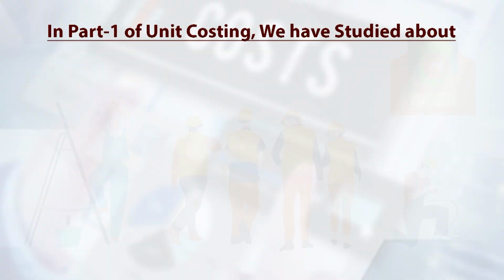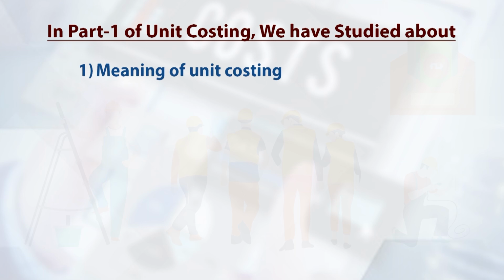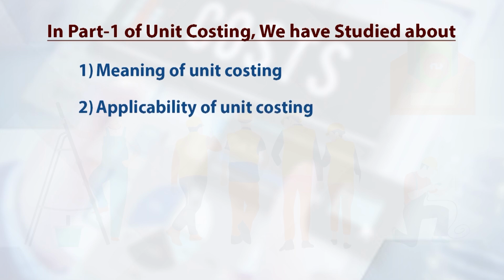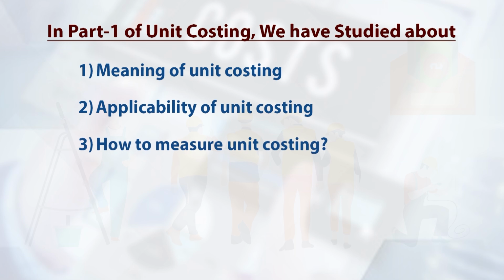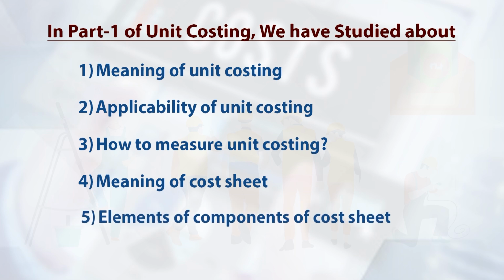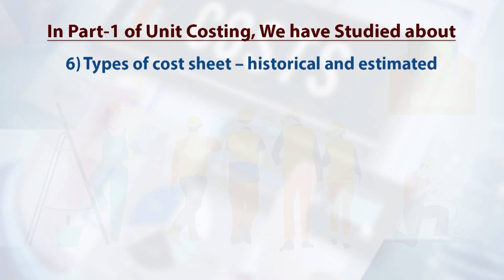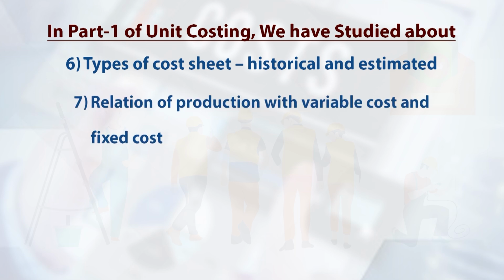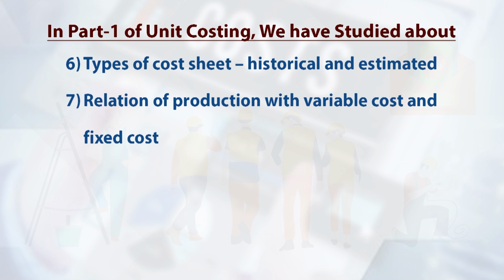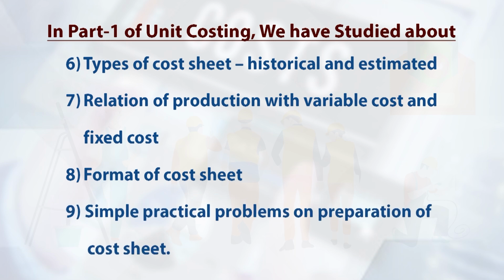In Part 1 of Unit Costing, we have studied about number 1, meaning of Unit Costing, number 2, applicability of Unit Costing, number 3, how to measure Unit Costing, number 4, meaning of cost sheet, number 5, elements of components of cost sheet, number 6, types of cost sheet, that is historical and estimated, number 7, relationship of production with variable cost and fixed cost, number 8, format of cost sheet, and number 9, simple practical problems on preparation of cost sheet.